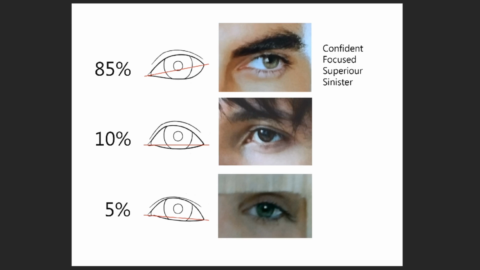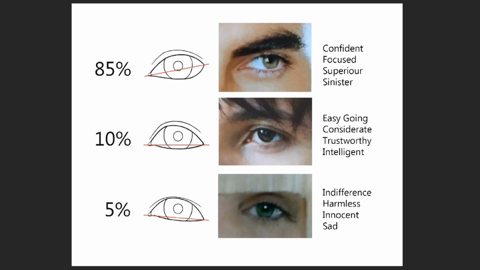Okay, so in the middle, I get the impression that they seem a bit, well, easygoing, a bit considerate, trustworthy and intelligent. Okay, the last droopy type of eye, I would say gives off the impression of being a bit indifferent to things maybe. Certainly looks harmless.